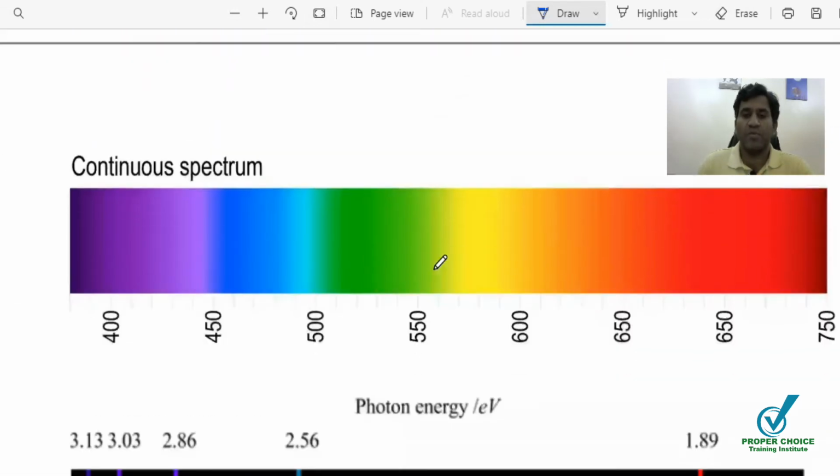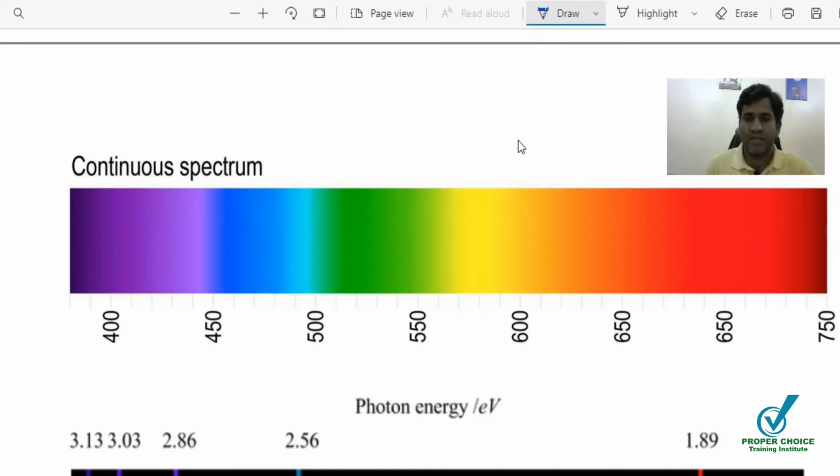When we are talking about spectrums, they are represented in two ways. One is called the continuous spectrum. This kind of spectrum is produced by white light. When white light passes through a prism, different colors are emitted.